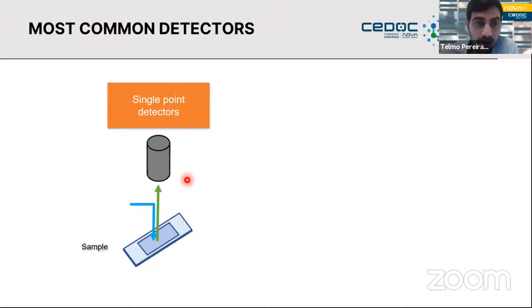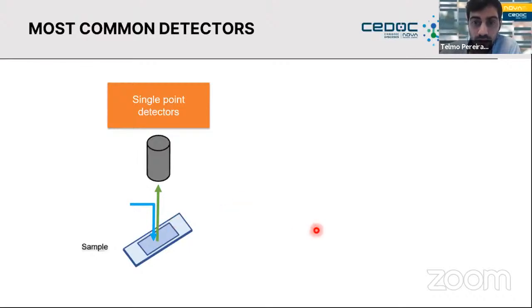In order to create an image, you need to either move your sample, which is one of the options, but the most common is to move the beam. If you illuminate your sample and scan it from side to side, you will then create your image. This is the principle of confocal microscopes, for example, that José Rino will talk about in a second.